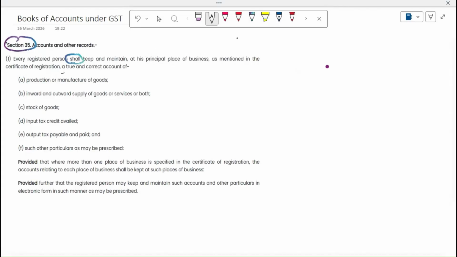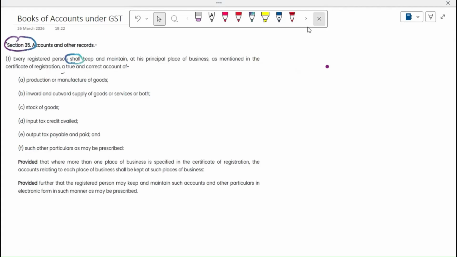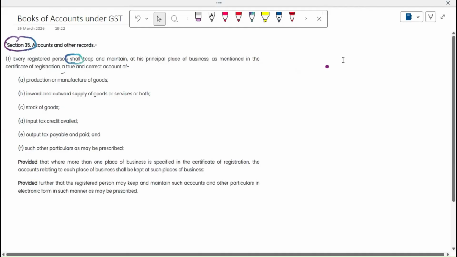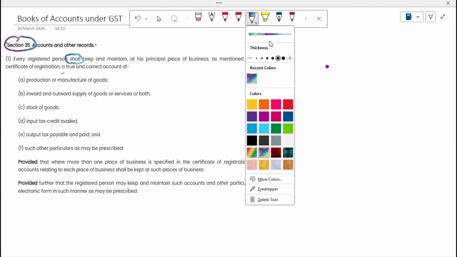So what is the importance of this principal place of business? The GST officer, whoever is going to conduct an audit, comes on a surprise basis. They don't come with an intimation. So there are instances where the GST officers come for a surprise visit.